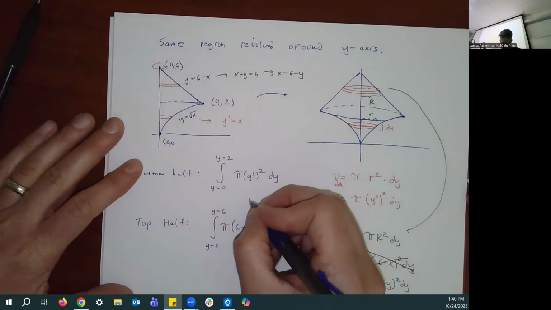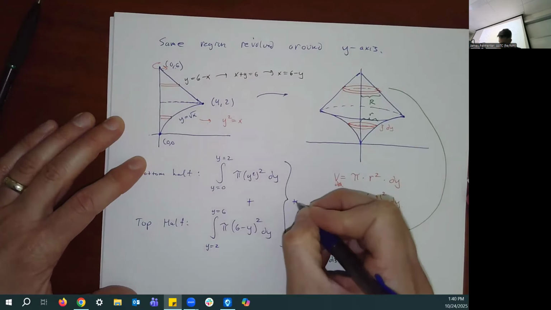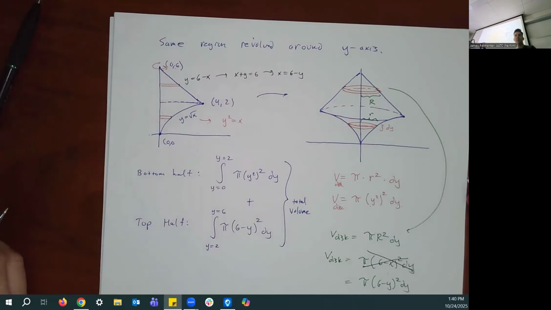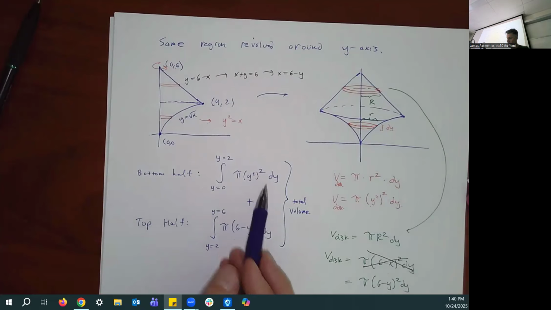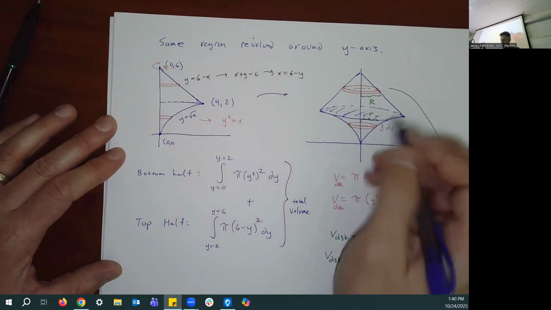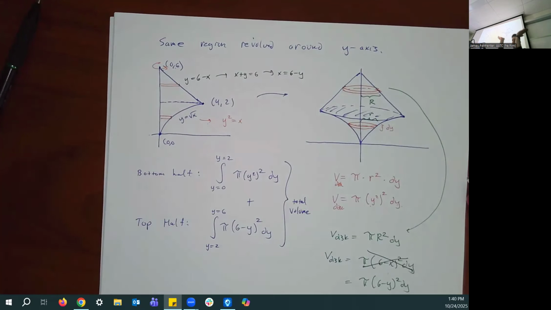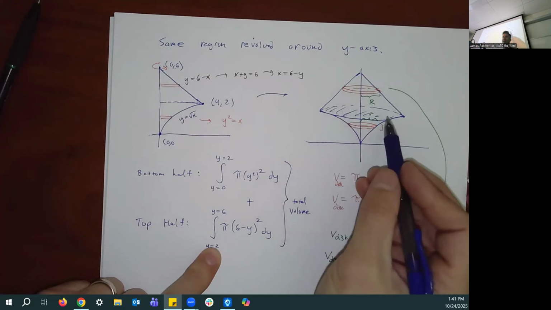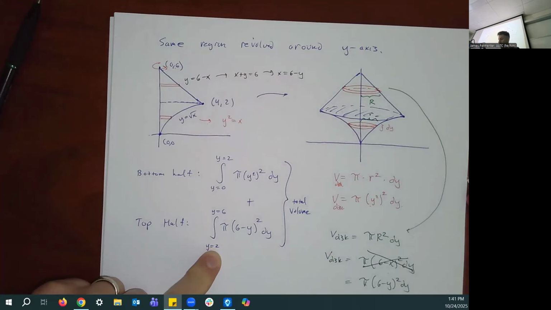This first integral gives you the volume of the bottom shape, which has a flat top, and the top part would be the volume of the upper cone on top.